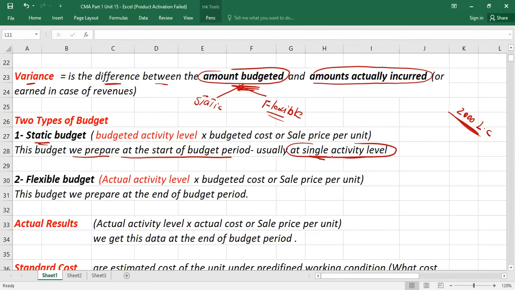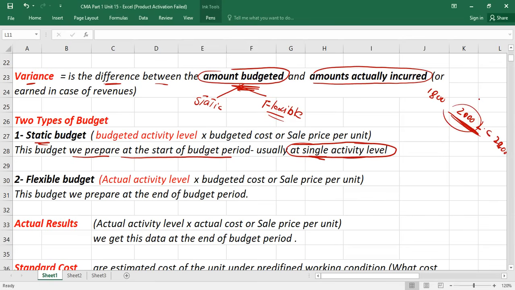There could be multiple activity levels also, like what would be the budgeted amounts if I produce 1,800 Land Cruisers, or 2,000, or 2,200. But under static budget, our activity level will be single. We will take only a single activity level and then prepare the budget.